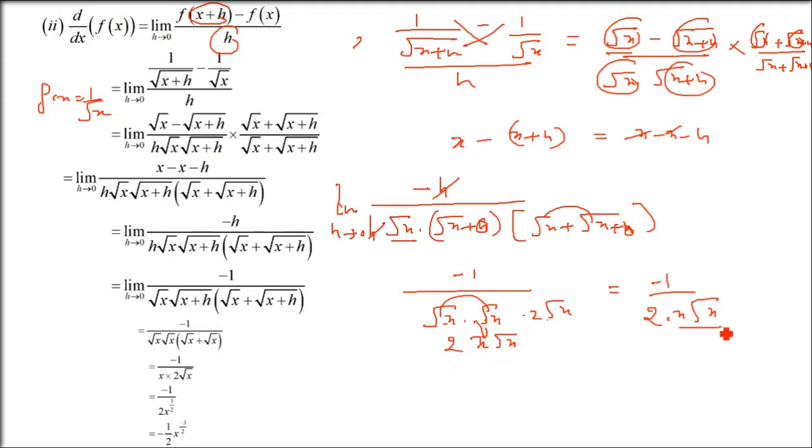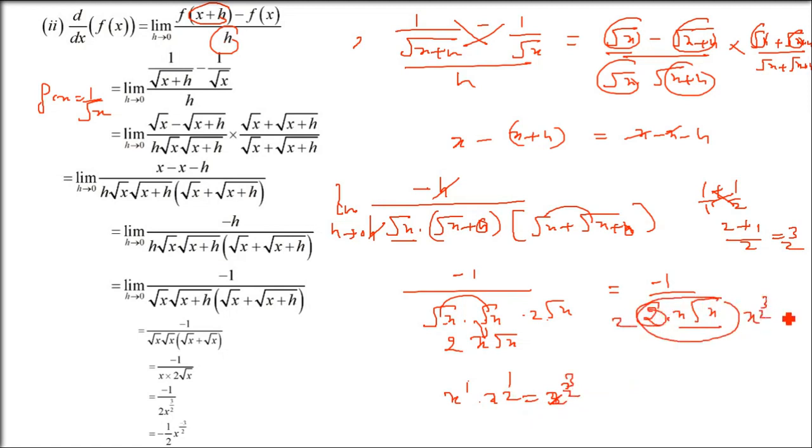You can change it: x raised 1 and x raised 1 by 2, the powers add. 1 plus half is 3 by 2. So it will become x raised 3 by 2. Since it is in the denominator, when you take it to the numerator it will be x raised minus 3 by 2. So you get minus half x raised minus 3 by 2.